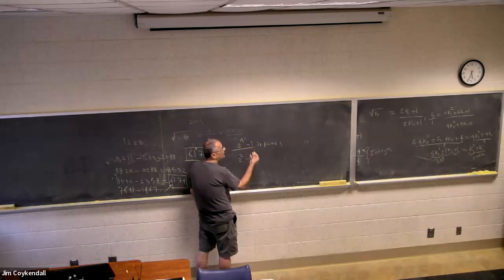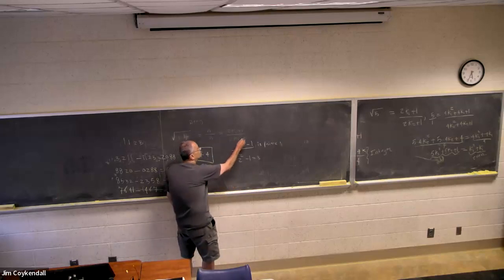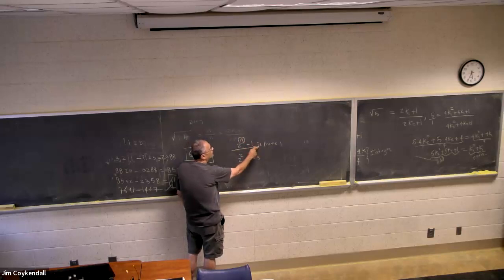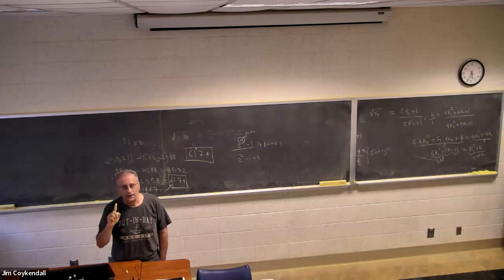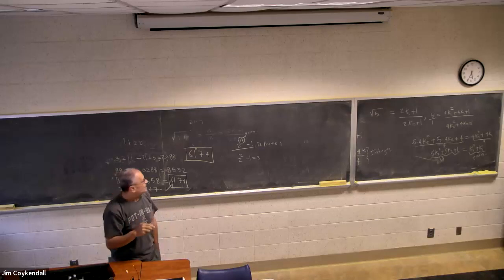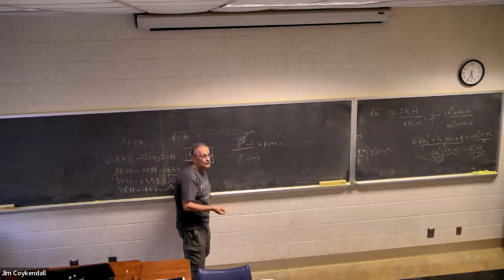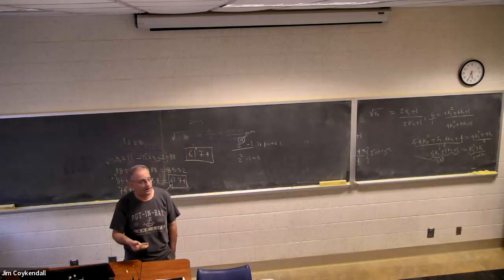Anyway, to make the story short, how many minutes left for me, Jim? 20? Oh, okay. It's known that if 2 to the n minus 1 is prime, then n must be prime. It is not if and only if. The question, till now we don't know the answer: how many Mersenne primes are there?